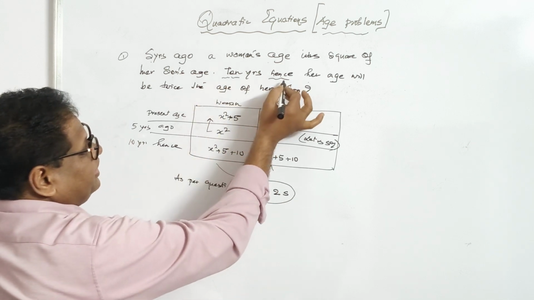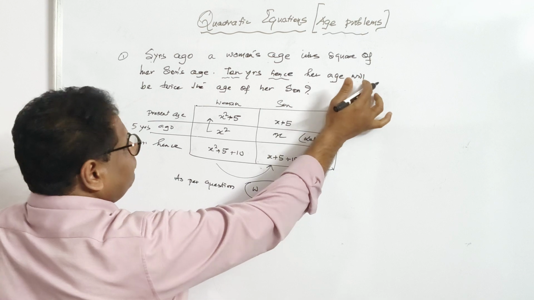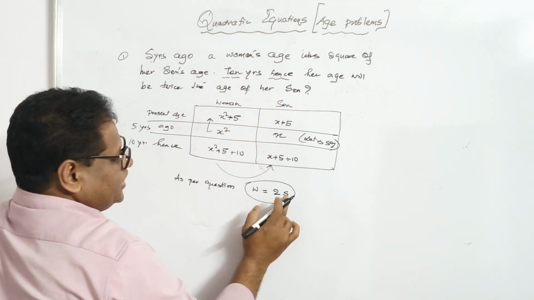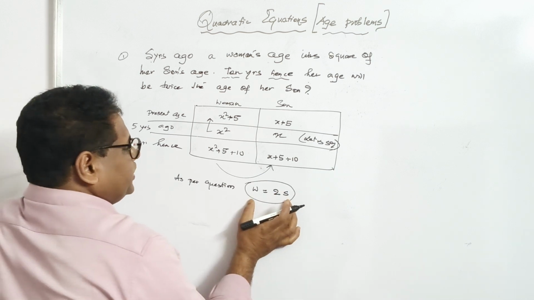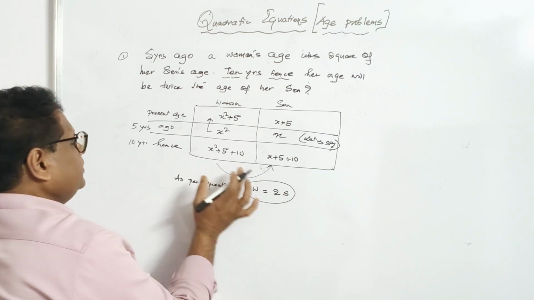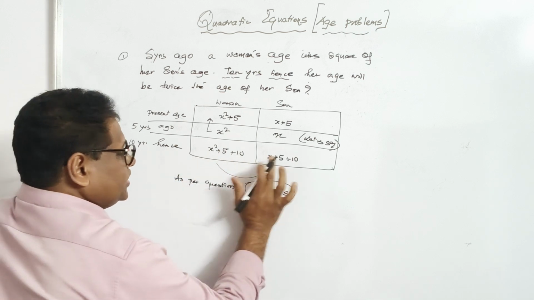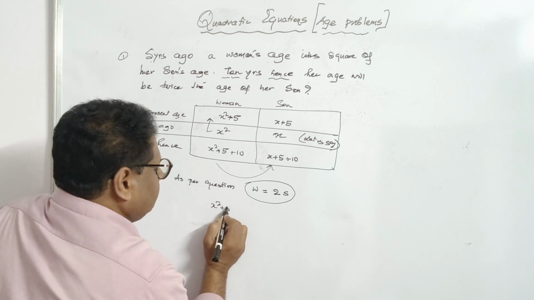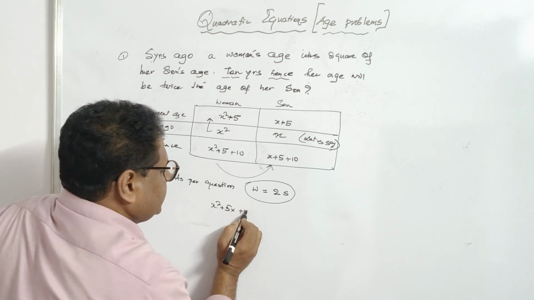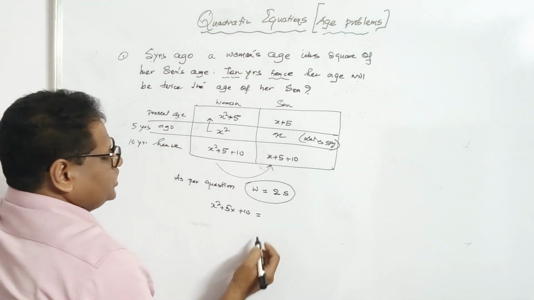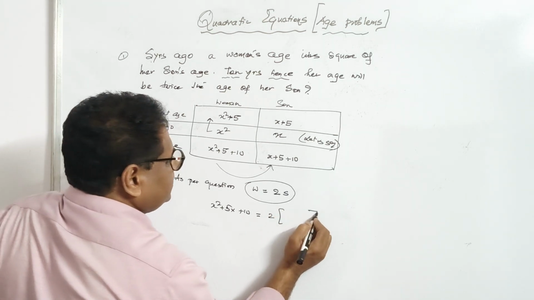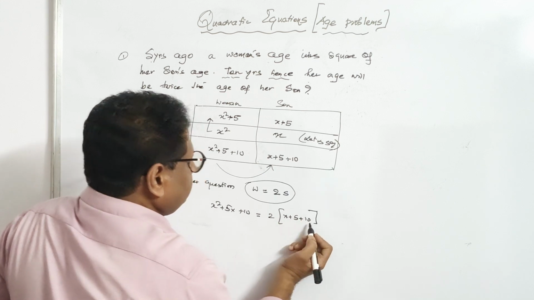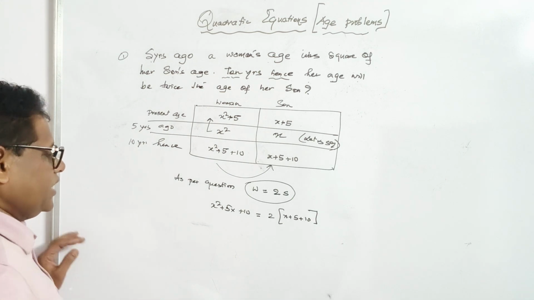We are going as per the statement: the woman's age will be twice the age of her son. Now put the terms. When did it happen? 10 years hence. So these are the two terms to be linked. So x square plus 5 plus 10, this is the age of the woman. This is equal to twice the son's age, that is x plus 5 plus 10. So this is the condition for framing the quadratic equation.